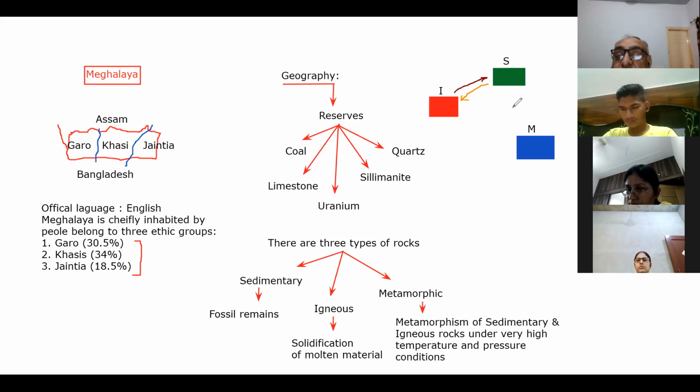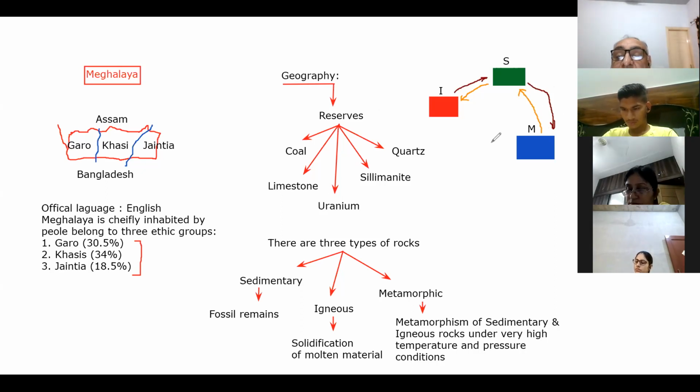And similarly, metamorphism of sedimentary rocks under high temperature and pressure conditions leads to the formation of a metamorphic rock. And similarly, weathering of metamorphic rocks leads to the formation of the sedimentary rock also. Is it clear?